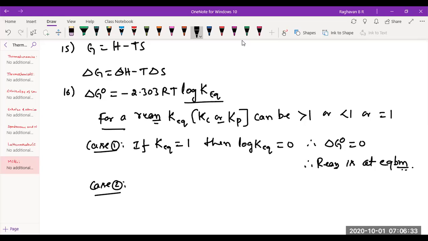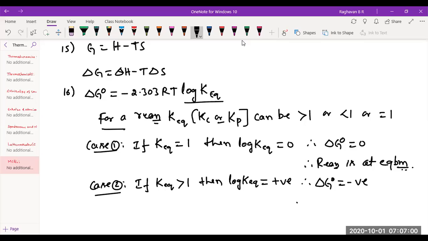Case 2. If K equilibrium is greater than 1, then log K equilibrium, the log value of something greater than 1, will be positive. Therefore, if the log value is positive, with the minus sign in the equation, delta G naught will be negative.